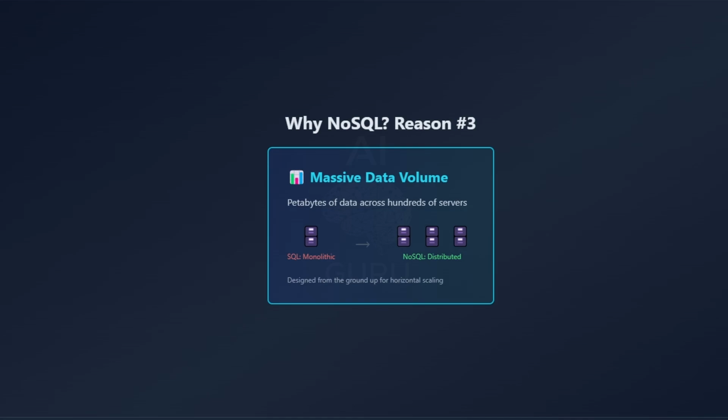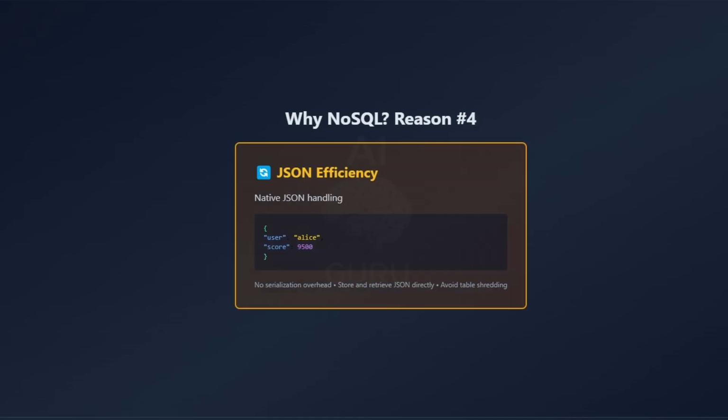They were designed from the ground up to distribute data across hundreds of commodity servers rather than trying to scale one single monolithic relational database. And finally, there's an efficiency gain when you're dealing with data that's already structured in a format like JSON. Exactly. If your main job is just receiving and sending JSON data, serializing and deserializing it, a document store can handle that natively and very efficiently.